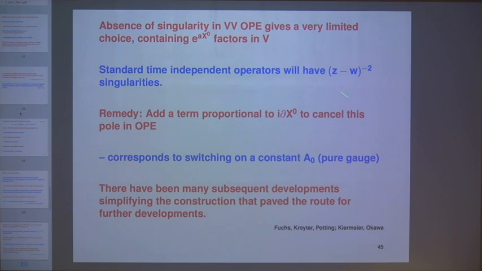Because the VV OPE will have a singularity, but the OPE of del x naught with itself will have a singularity with a negative sign, and they will simply cancel. And this is harmless because this just corresponds to switching on a constant A0, which is pure gauge anyway. So this way people constructed analytic solutions describing marginal deformations, and there have been many subsequent developments simplifying the construction, and this paved the route for further developments.